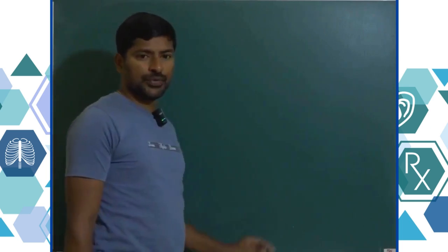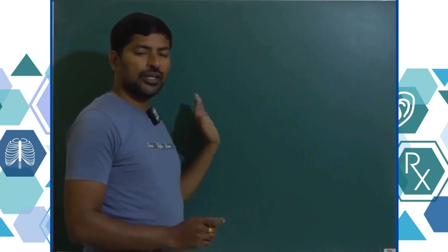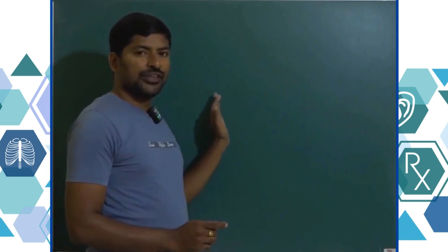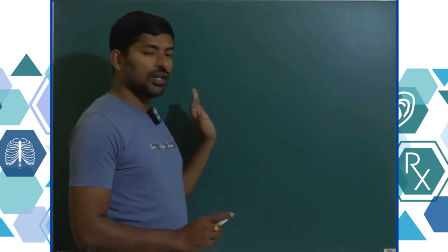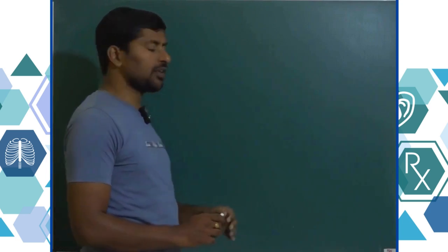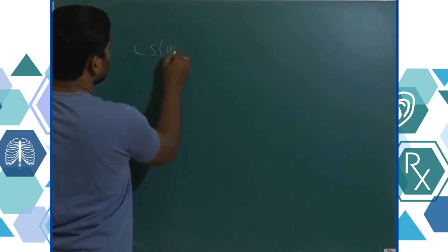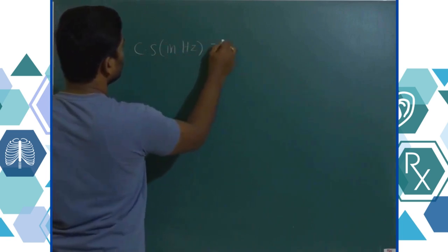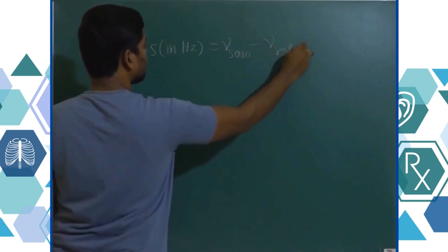Next, chemical shift. We are not giving absolute precessional frequencies, but precessional frequencies with respect to a reference compound. The difference between the precessional frequencies of sample protons and reference protons is called chemical shift. Chemical shift in hertz is equal to nu sample minus nu reference.